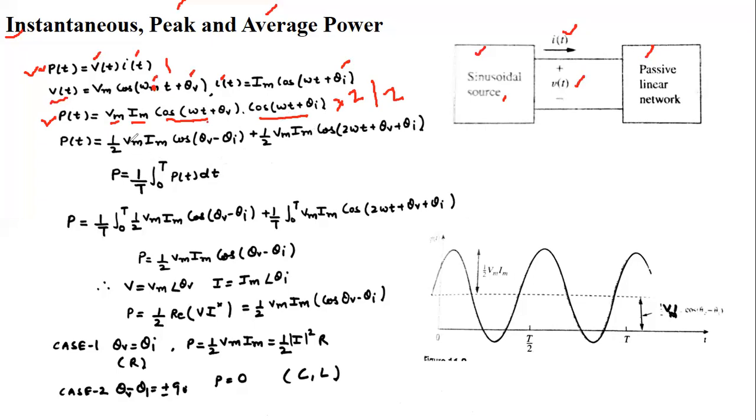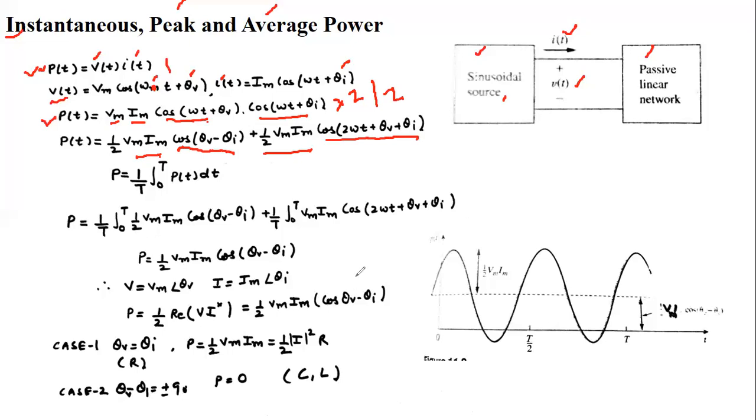After putting this in, this is half Vm Im times cos(A minus B), where the first term is cos(theta v minus theta i), and the second term is half Vm Im times cos(A plus B), which is cos(2 omega t plus theta v plus theta i). So instantaneous power has two terms.